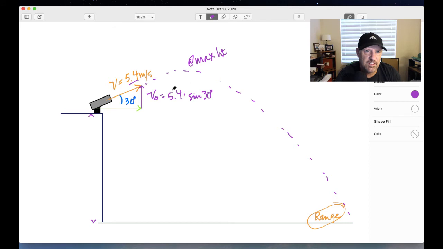So the opposite side uses the sine times the hypotenuse. So 5.4 times sine 30, and I'm just nerdy enough to know that sine 30 is 1/2. So half of 5.4 is 2.7 meters per second. Okay, so the initial vertical velocity is 2.7 meters per second. The v initial horizontal we'll get to in a minute because we're going to need that for the range, but v initial vertical will help us figure out the time.